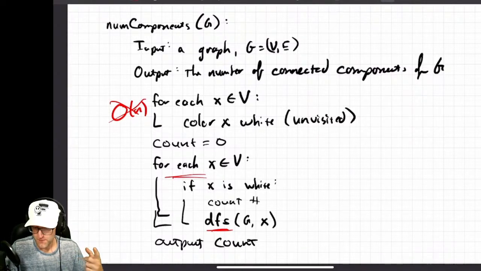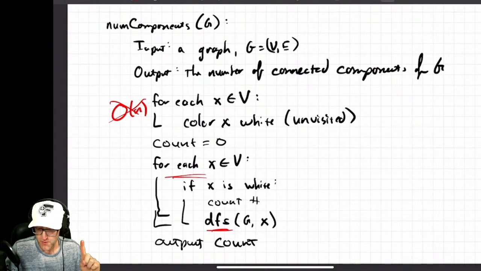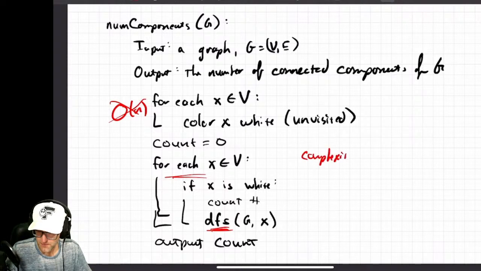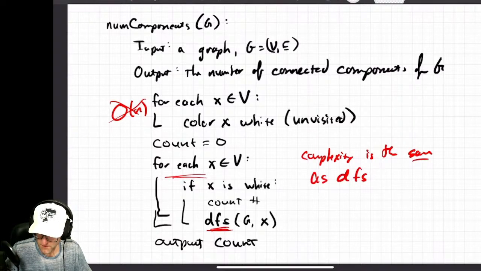So we're not running DFS n times for every vertex. If it ends up coloring them all black on the first one and there's only one connected component, then we've ended up only calling DFS once. So the complexity here is the same as DFS. Right? And for that, you can go back to your notes and say that it's order n plus m, right?